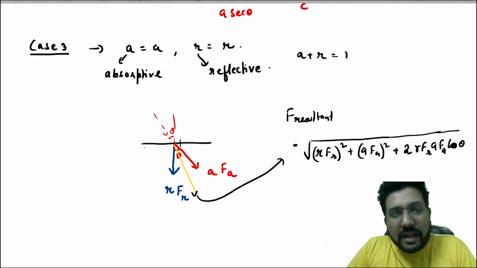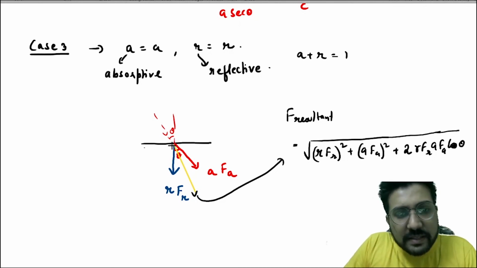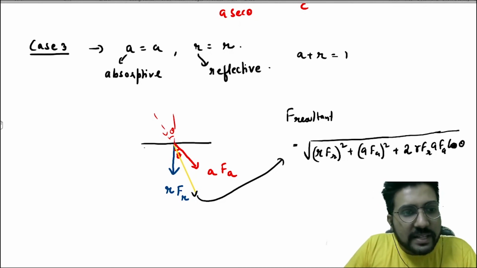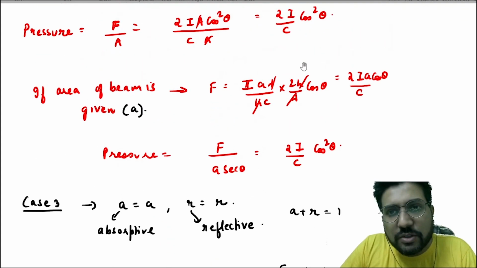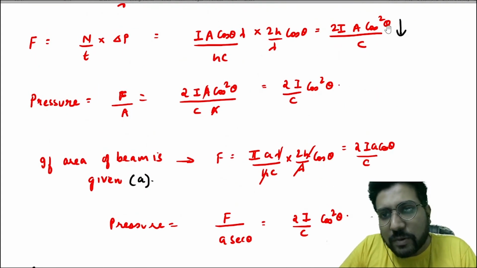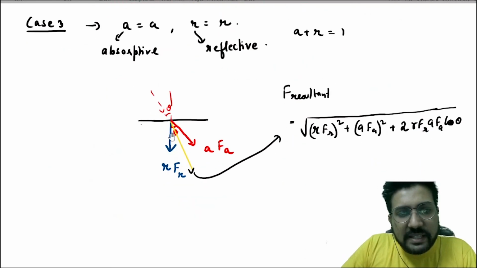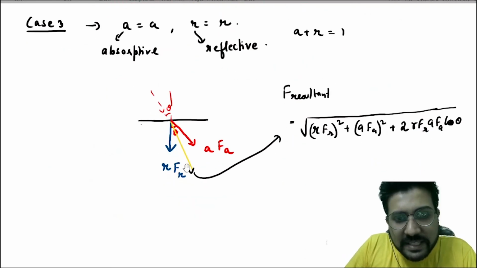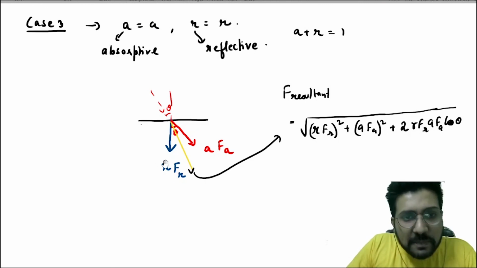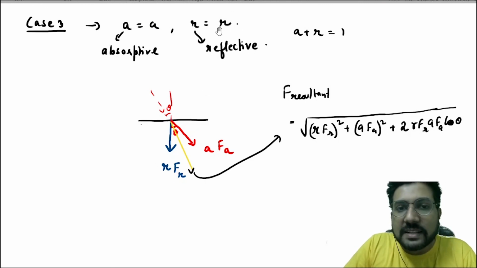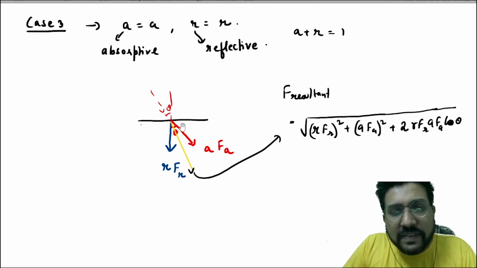Now the reflective force we have already calculated here: the reflective force is 2Ia cos square theta by c. I have not written the value here, you can write it here if you want, multiplied by r, because only r fraction of the light is getting reflected, and the remaining fraction, that is a fraction, is getting absorbed.